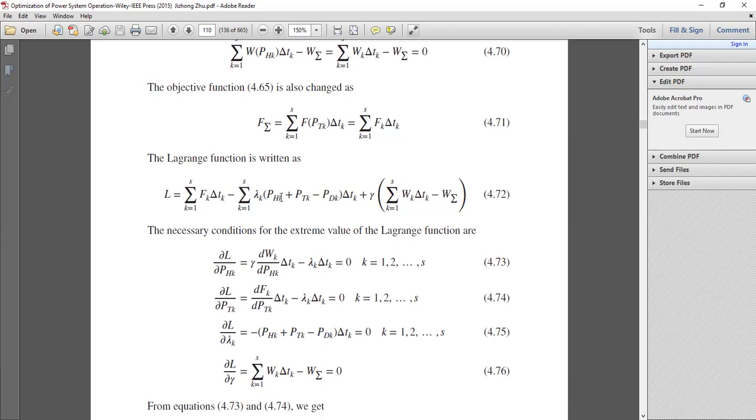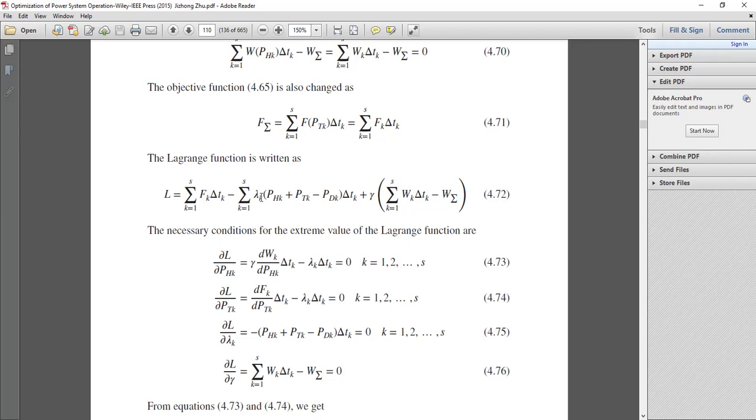So pHk will be the unknown decision variables. Similarly, ptk will be the unknown decision variables, as well as gamma, which is the conversion factor. This is another unknown variable. Similarly, the Lagrange multipliers lambda for each time stage would be unknown variables. What we said about gamma, we can see here that lambda depends on the time interval, which is actually converting the equality constraint into the Lagrangian.